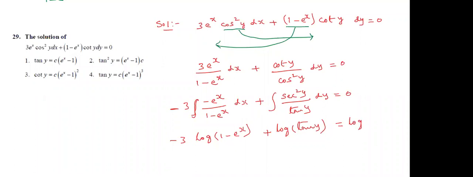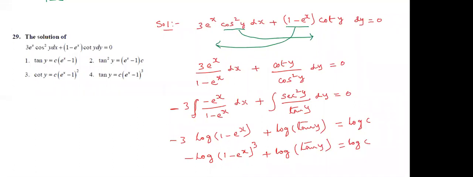I am writing in terms of logarithm only because left hand side logarithm is there. Now how to do this? So here minus logarithm of, I am going to write like this, 3 is going to power, plus logarithm of tan y is equal to log c.